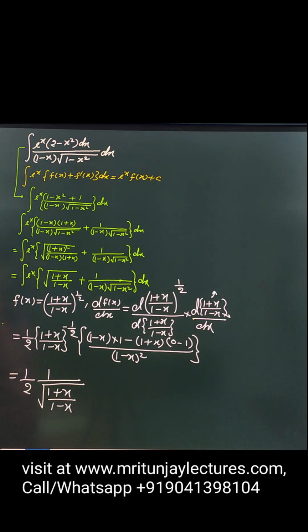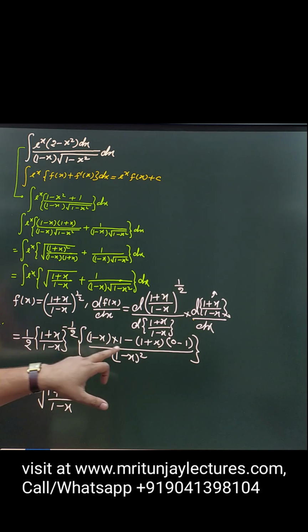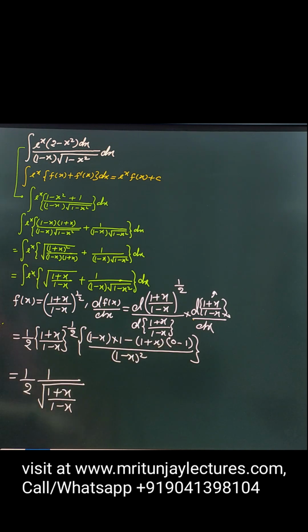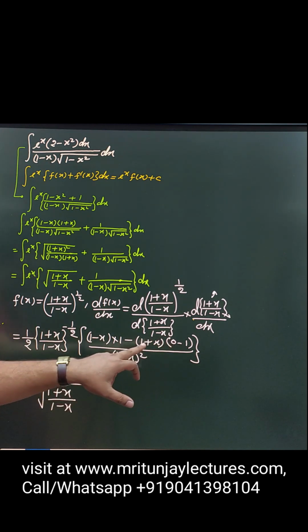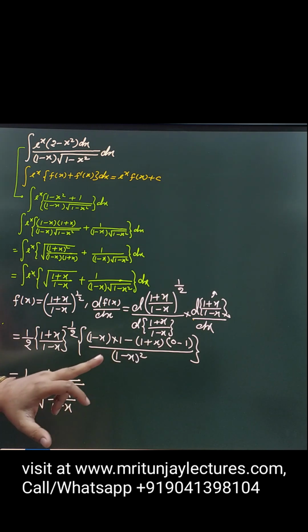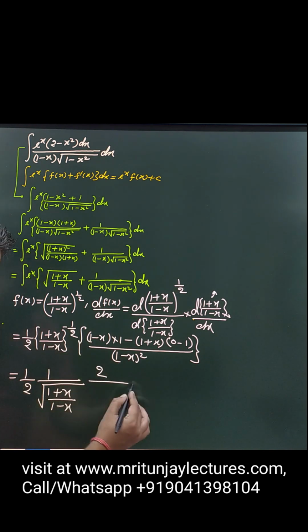Now look here, minus 1, if you see very carefully, minus minus is plus. So it is plus 1, and minus x, plus x. Minus x and plus x cancel, leaving 2 upon (1 minus x) whole square. Basically this is 2 upon (1 minus x) to the whole square. I hope it is clear.